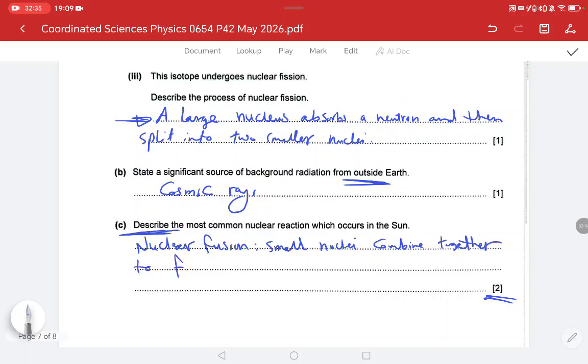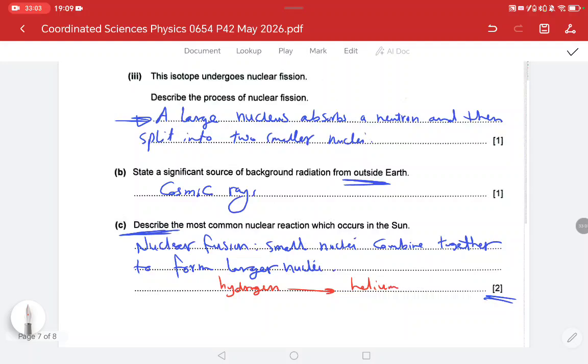to form a larger one. Like when you have small ones, like hydrogen, this will lead to helium.